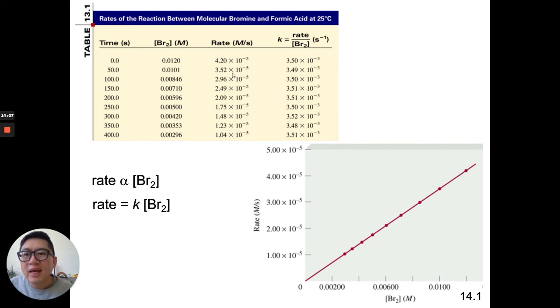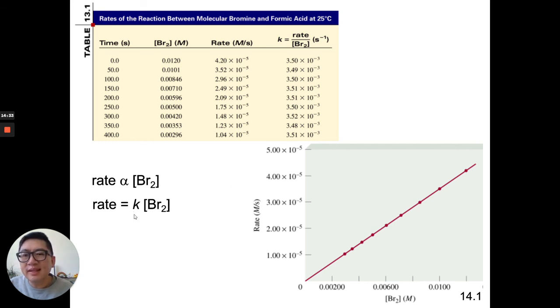And what we found is the rate is proportional to the bromine concentration. In other words, rate is equal to a constant times bromine. The more bromine there is, the higher the rate. The lower the bromine concentration, the lower the rate. And in the middle is the middle. So rate is equal to some sort of constant times bromine concentration.